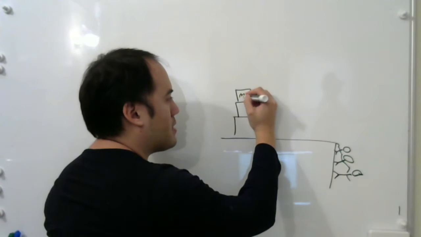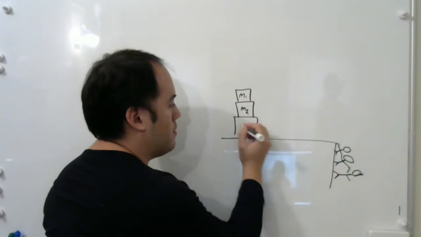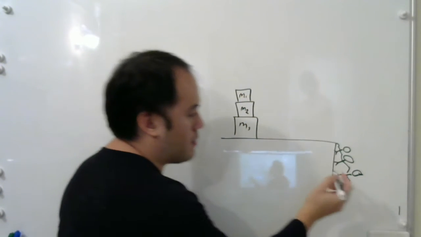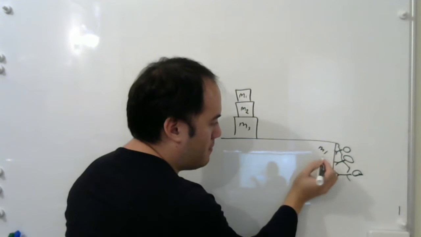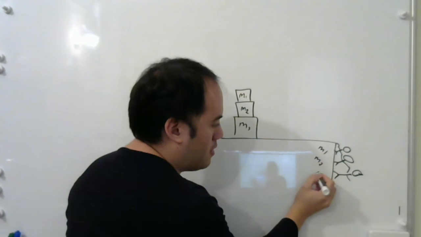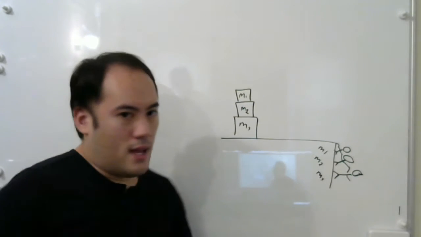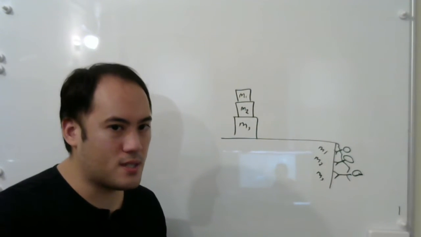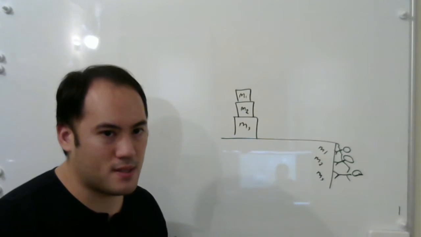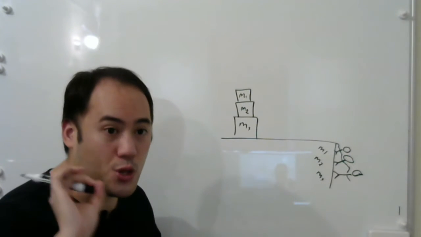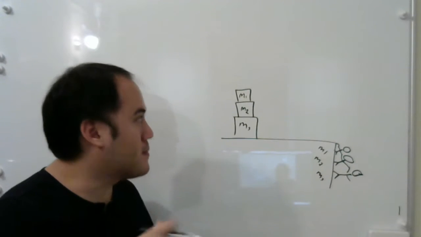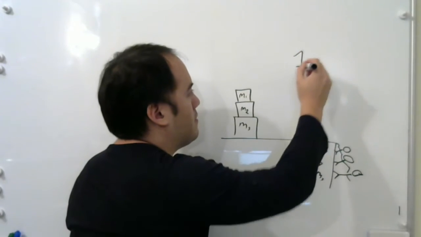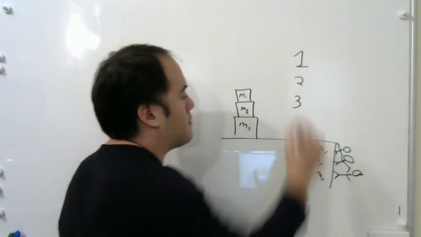If I have three masses, M1, M2, M3, or three people, and they're in equilibrium, it's very easy to solve. First, for complex problems with three objects, draw three free body diagrams. 1, 2, 3.